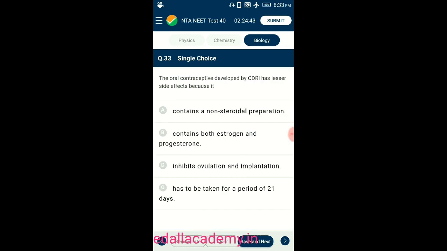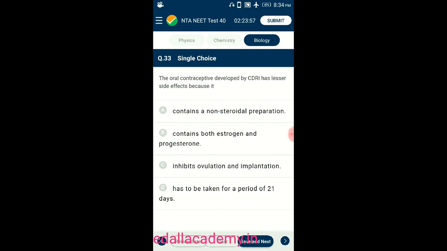Question number 33. The oral pill developed by CDRI has lesser side effects because oral administration of small doses of either progestogens or a progestogen-estrogen combination is another contraceptive method used by females. They inhibit ovulation and implantation as well as alter the quality of cervical mucus to prevent the entry of sperms. Pills are very effective with lesser side effects and are well accepted by females.